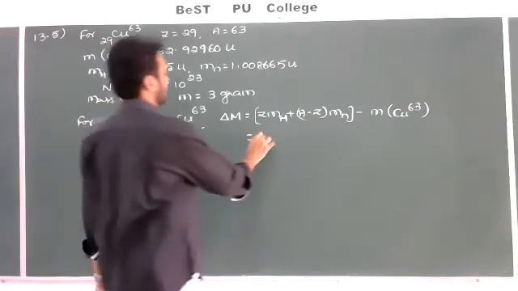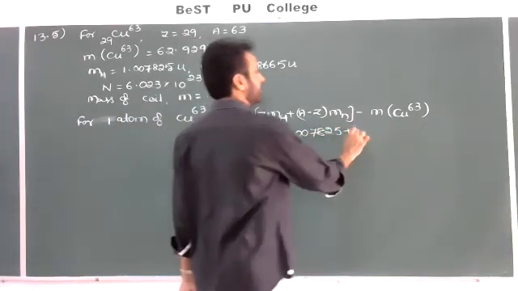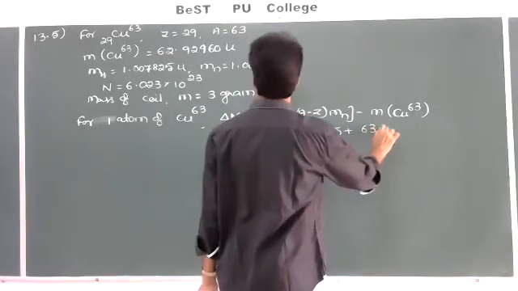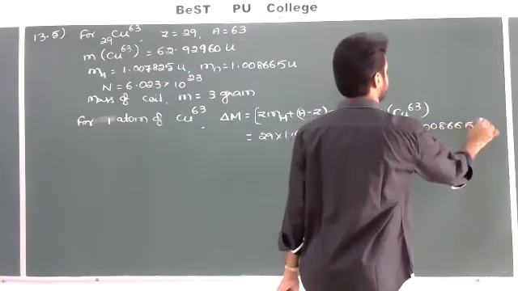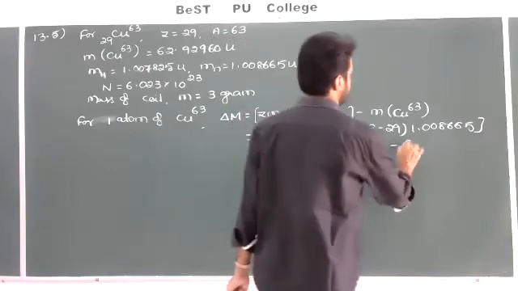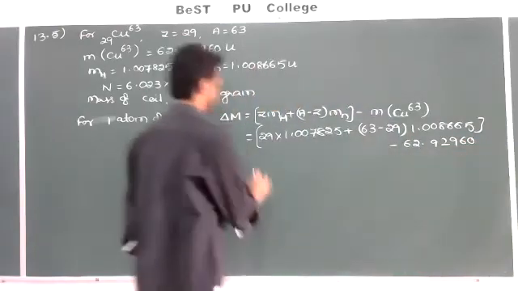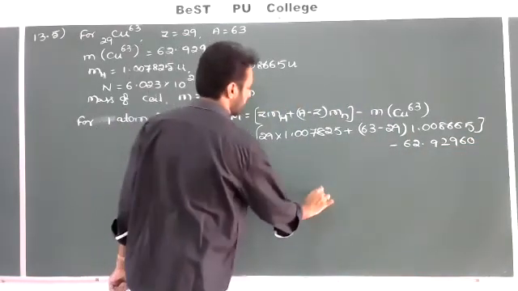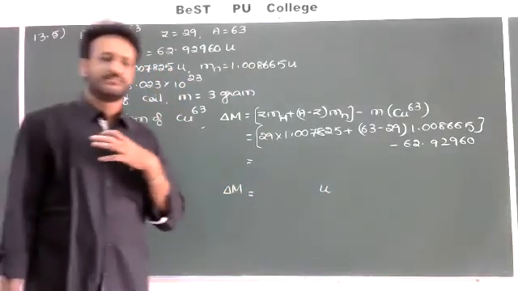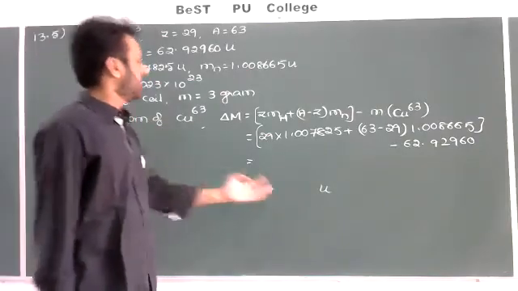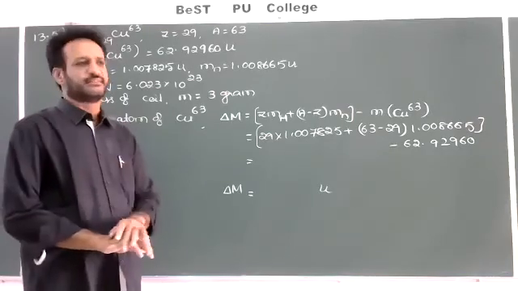Now substitute the values: 29 into 1.007825 plus 63 minus 29 into 1.008665 minus 62.92960. If we simplify, we get the mass defect per one atom. If you multiply this value with 931.5, you will get the energy required to remove all the nucleons from one atom.